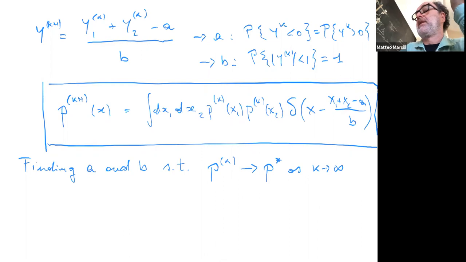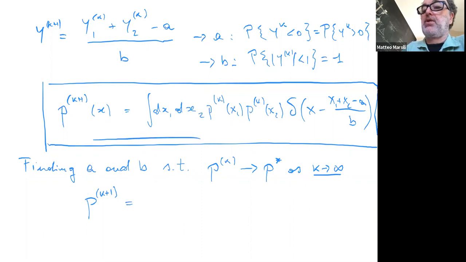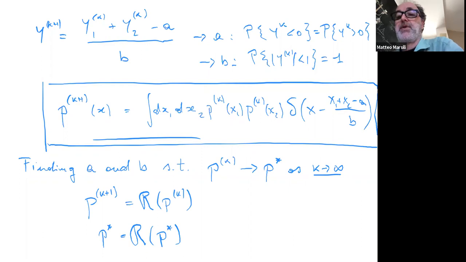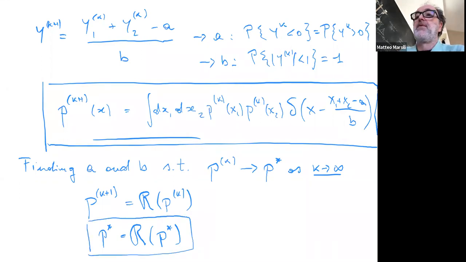K going to infinity is equal to the limit when n goes to infinity in this case. In other words, if you write this relation as a recursive relation that gives you p_{k+1} in terms of p_k, then P star is given by the fixed point of this transformation. So this is a transformation that gives you the distribution of the original random variables.